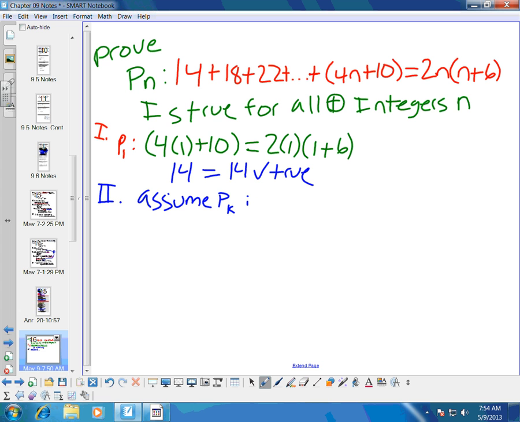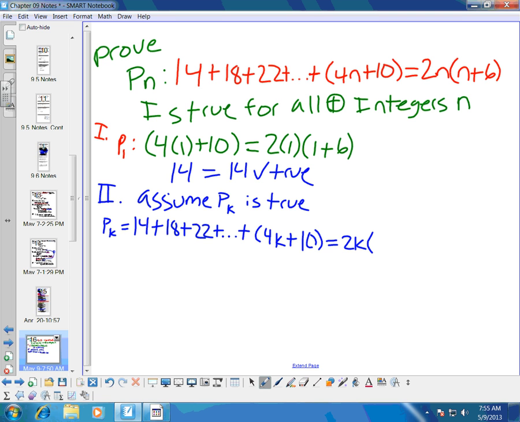Let's write out the P of k case, the whole thing. Okay, so then what? Then what? Step 3.